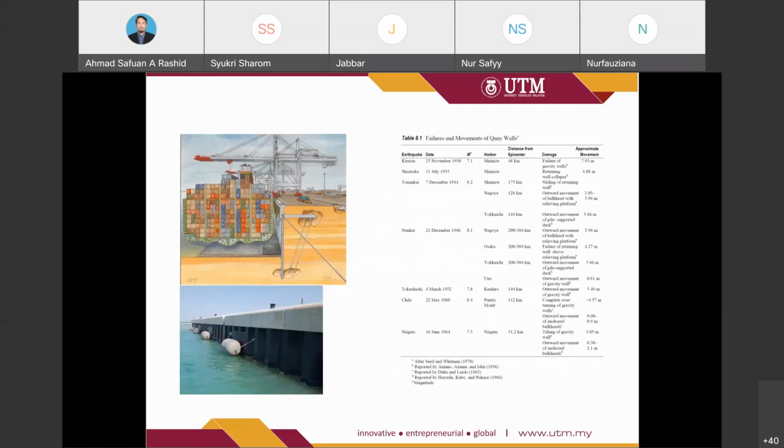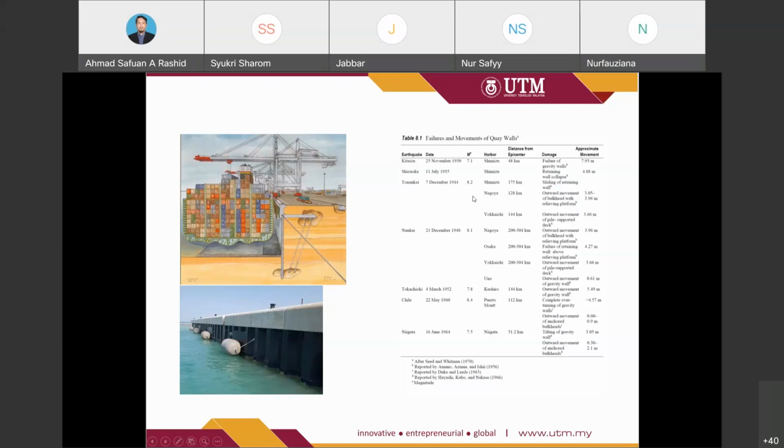So this is the list of the failure and movement of quay walls. Most of the events have been recorded in Japan.